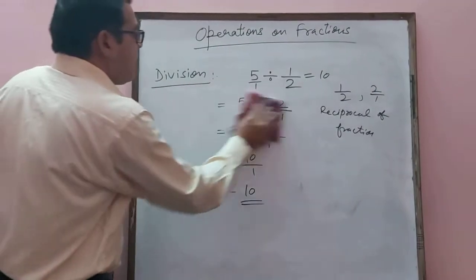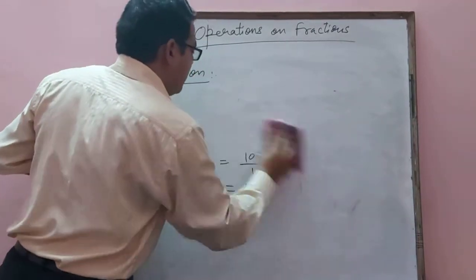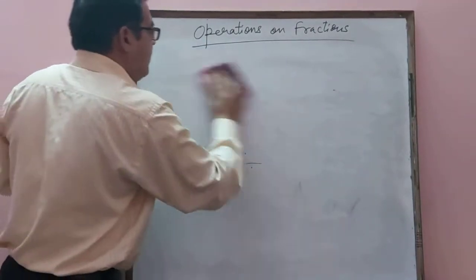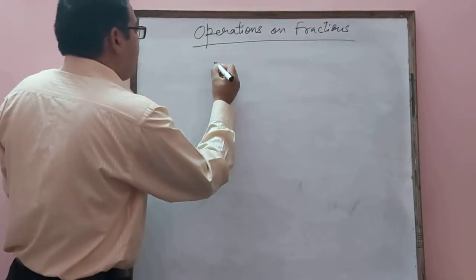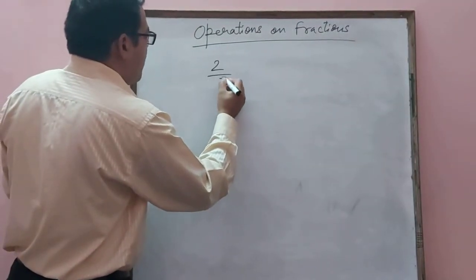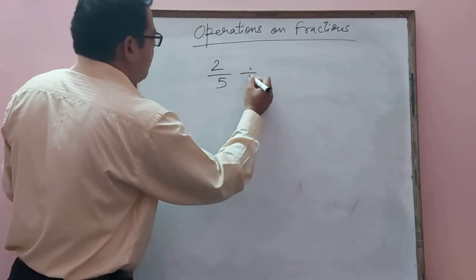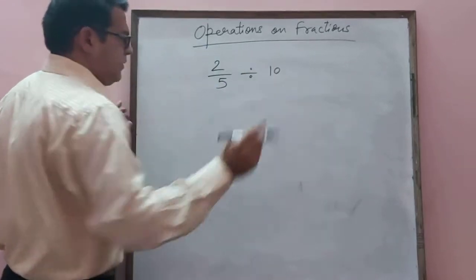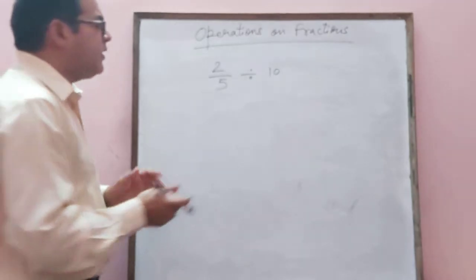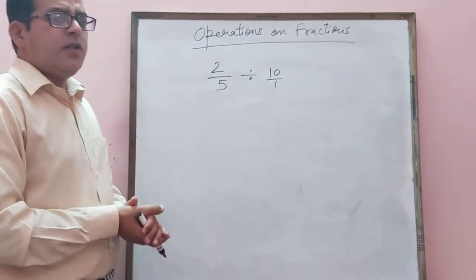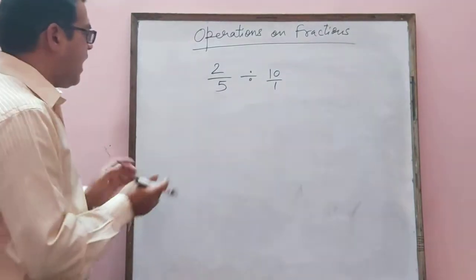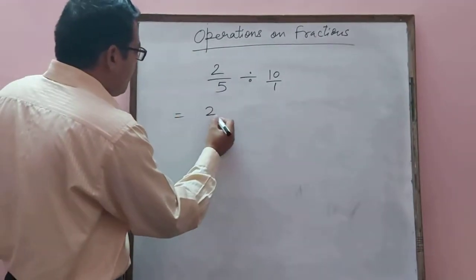Okay, one more example I am taking here to make you understand. Now 2 upon 5 we are dividing by 10. Right? So we can put 1 under it to make it a fraction. Now, what to do now? 2 upon 5 is the dividend.